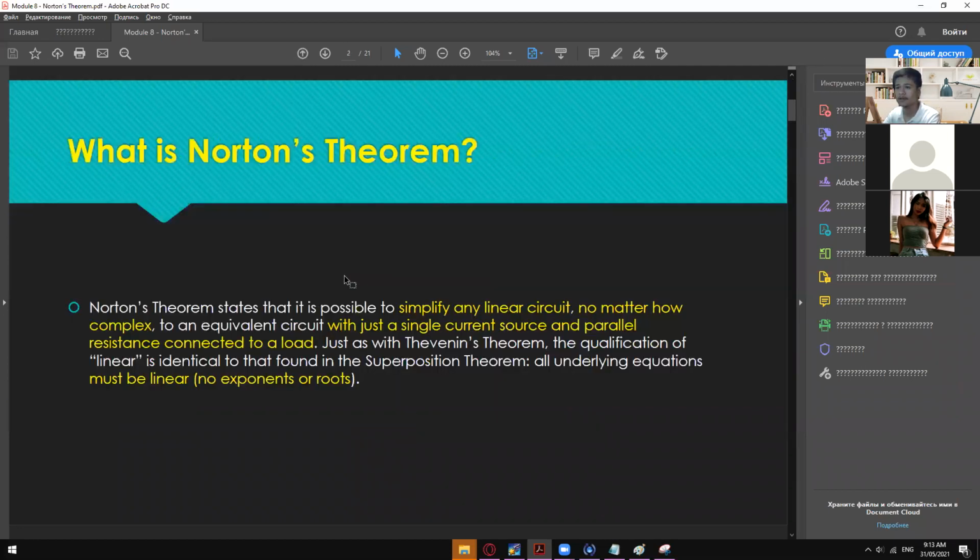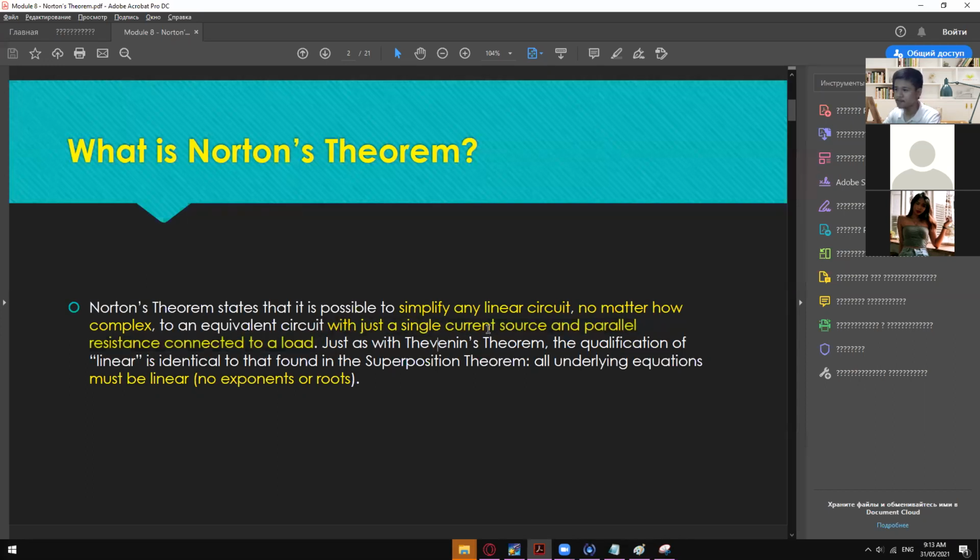So Norton's theorem is again another method to simplify any linear circuit, no matter how complex it is. It will convert it into an equivalent circuit, so again we have another conversion, but with just a single current source and a parallel resistance connected to a load.